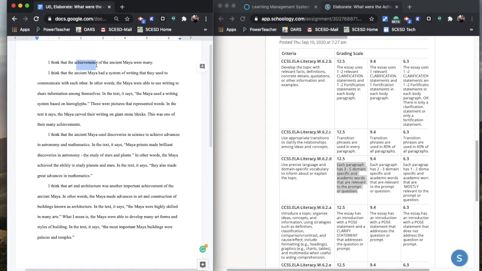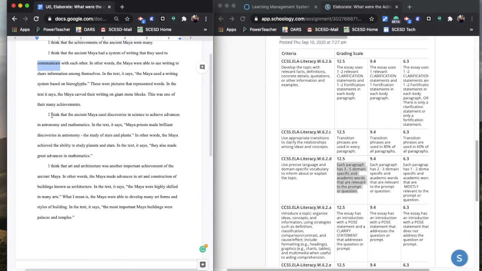Achievements is definitely an academic word. Means what you accomplish, what you can do, right? Ancient is also an academic word, and Maya is a content-specific word. So we have 3. We meet the minimum requirement for this paragraph. We have Maya, we have ancient, communicate, that is an academic word as we underlined while we were writing. So we have 3 there.